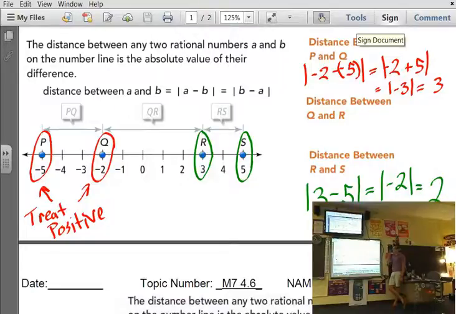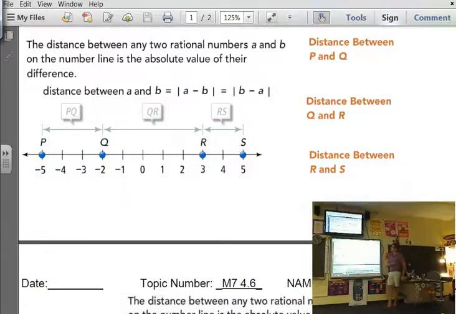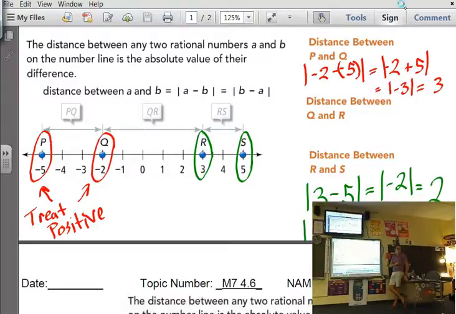The other way I could do it is 5 minus 3, which would give me the absolute value of 2, which still equals the same thing. Order doesn't matter because of the absolute value. Any questions? All right, let's move on to the back.